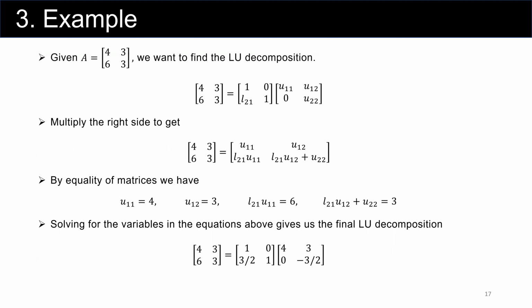So let's see, for example, what's the LU decomposition for matrix A, which is defined as 4, 3, 6, 3. So A is equal to LU. As we mentioned, L is a lower triangular matrix with all of the diagonals equal to 1, and the lower off-diagonal is a value we don't know.